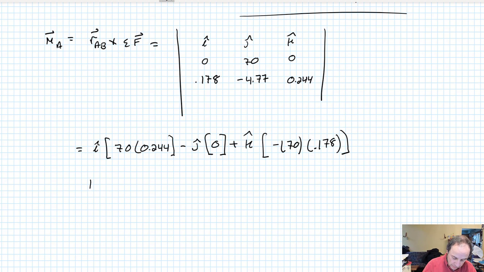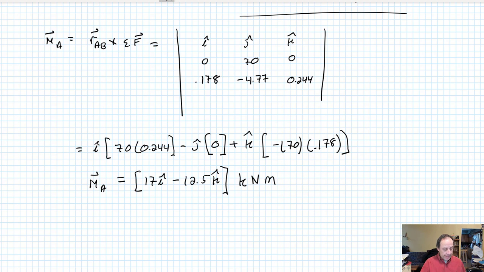So the moment about A equals 17.1i minus 12.5k kilonewton meters.